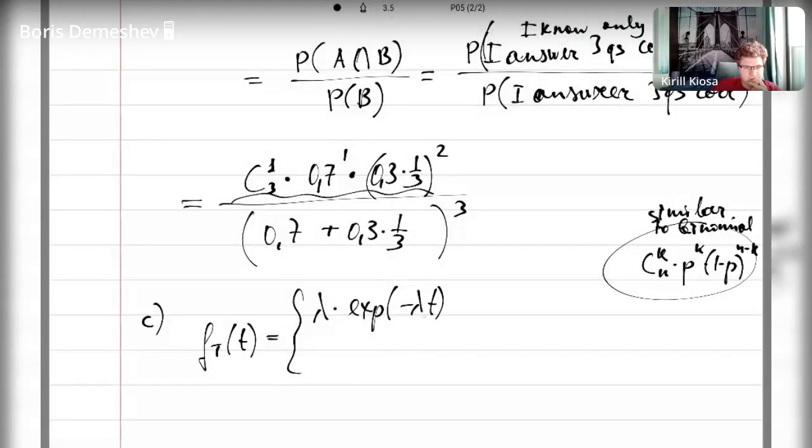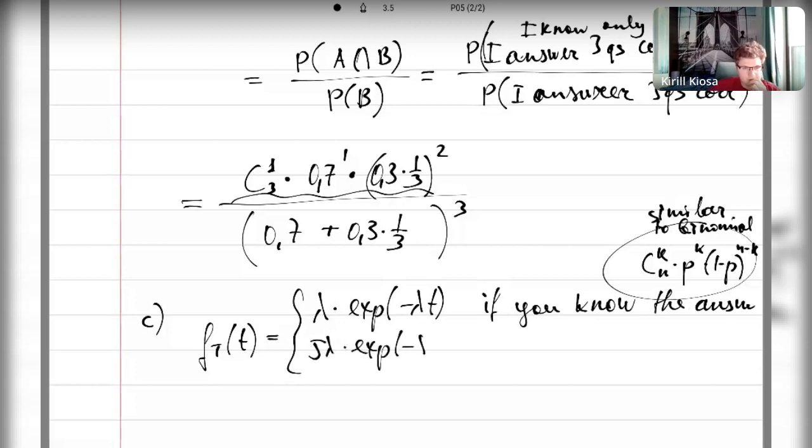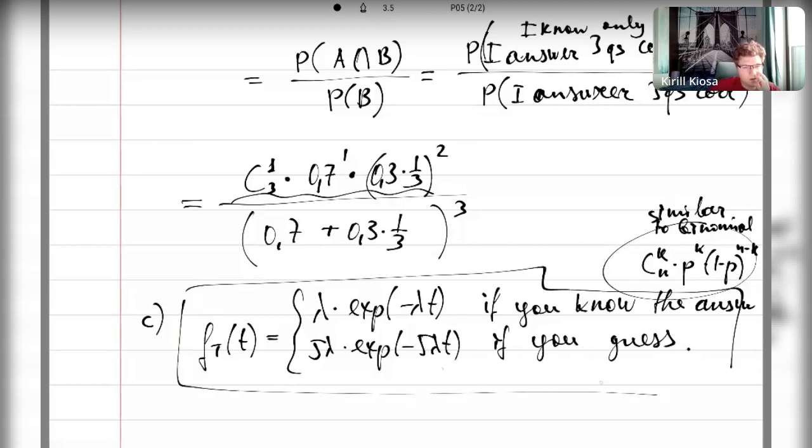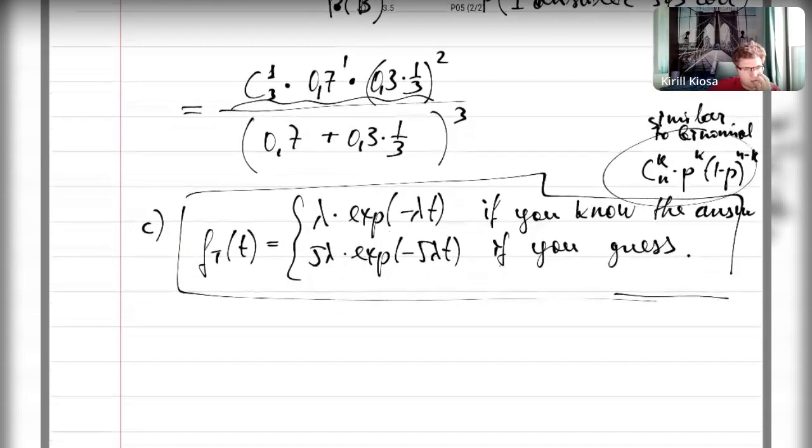Either it's lambda times exponent of minus lambda t, if you know the answer, and 5 lambda exponent minus 5 lambda t, if you guess. So you may write the density function like this, with two options.